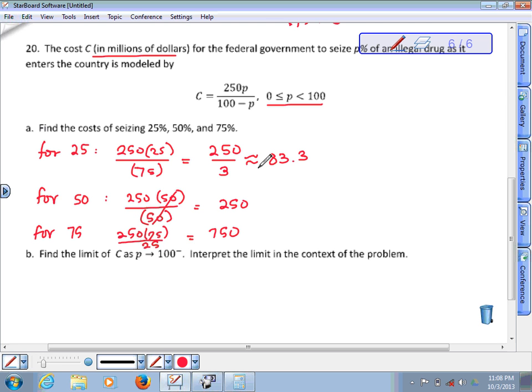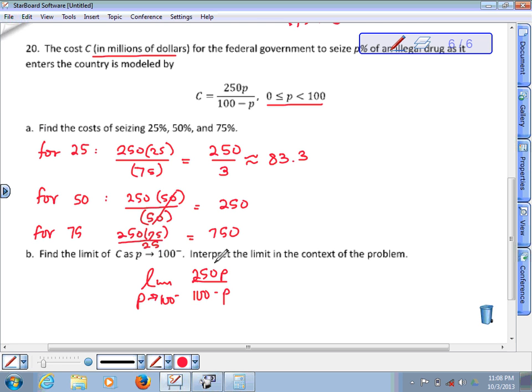This is another idea of a limit at infinity. So what they're asking is find the limit as P approaches 100 from the negative side of 250 P over 100 minus P.